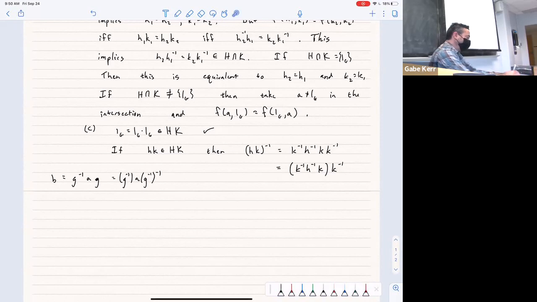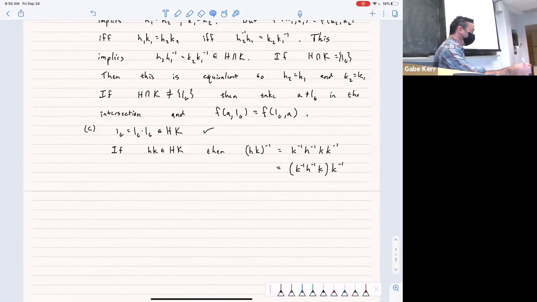But you can see that whatever this is, you're conjugating by that. So this is a conjugate of A by G inverse. All right. So that shows us that inverses exist.